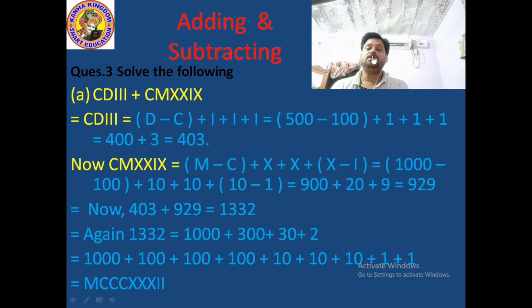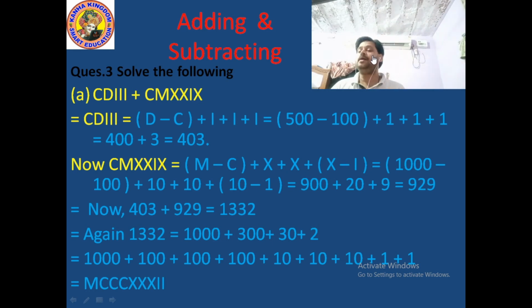So first you convert these Roman numbers into Hindu-Arabic. The first part is CDIII. First, C: are the letters in descending order? Let's check. Is C greater than D? No. So what you have to do?